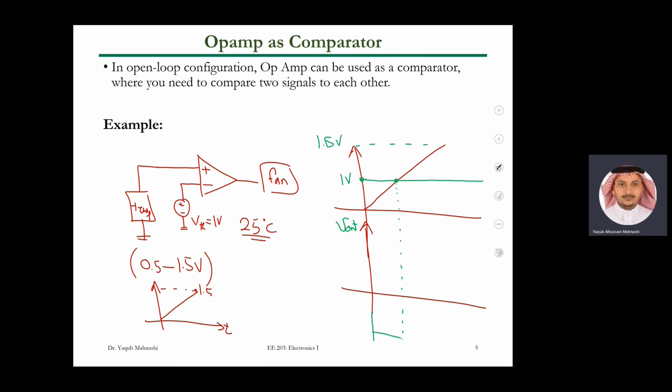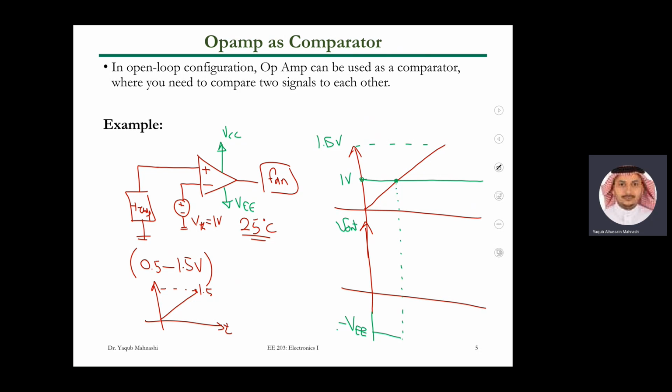Let me call it negative VEE. Let's call this one VCC, and this is VEE. It will be clear, inshallah, later why we call it E and C. So this is V negative, because the V negative terminal is higher than the V positive terminal.